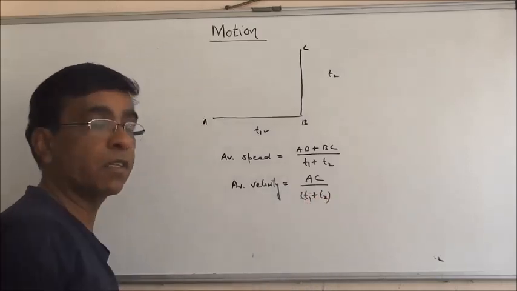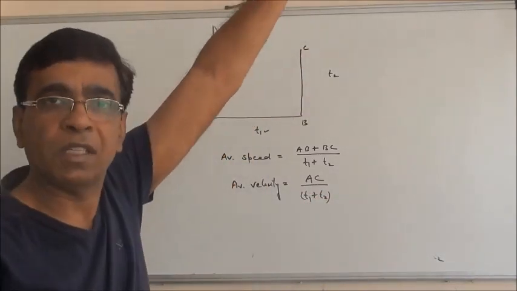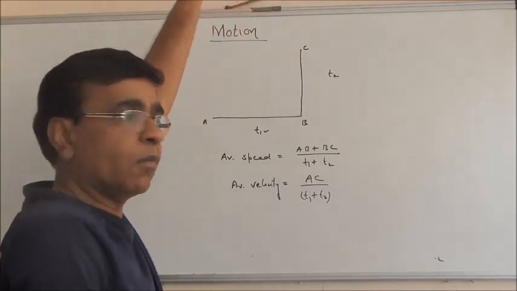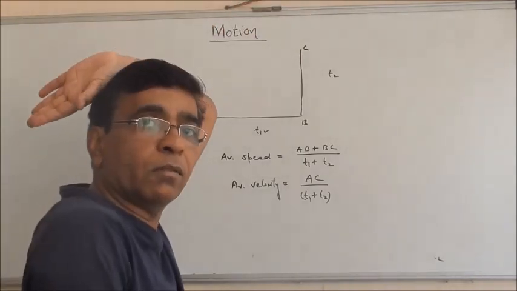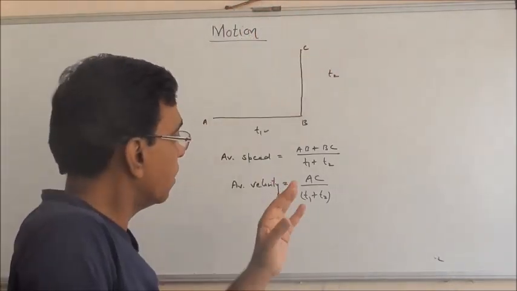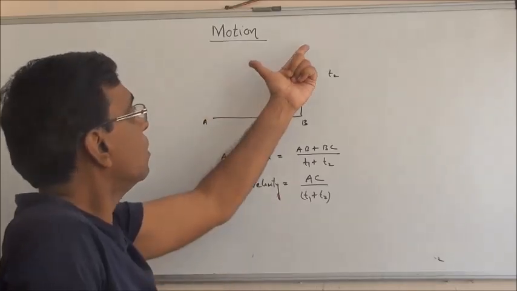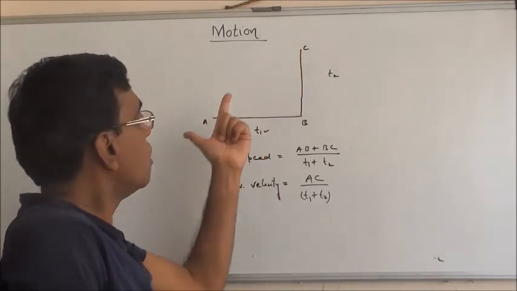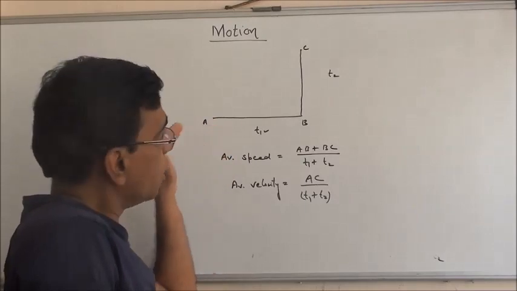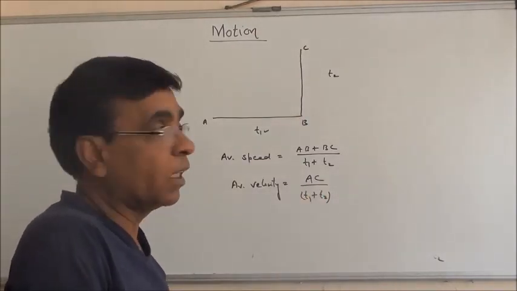See the difference. For average speed, I have to take total distances. All distances are to be added. This will give me the total distance, AB plus BC plus CD plus whatever, divided by total time. But for average velocity, I have to see the distance of the final position from the initial position, straight line distance. That is the displacement divided by the time.